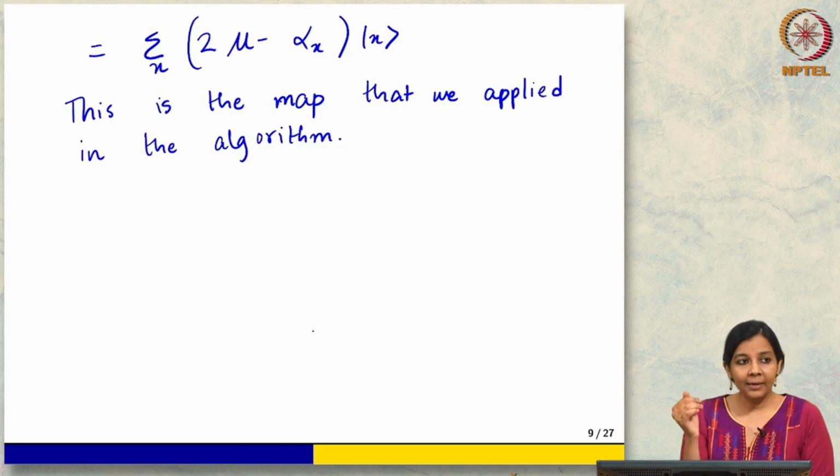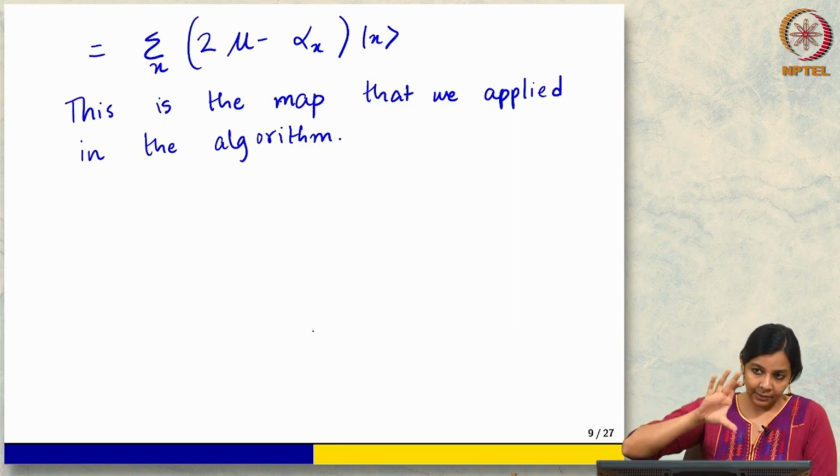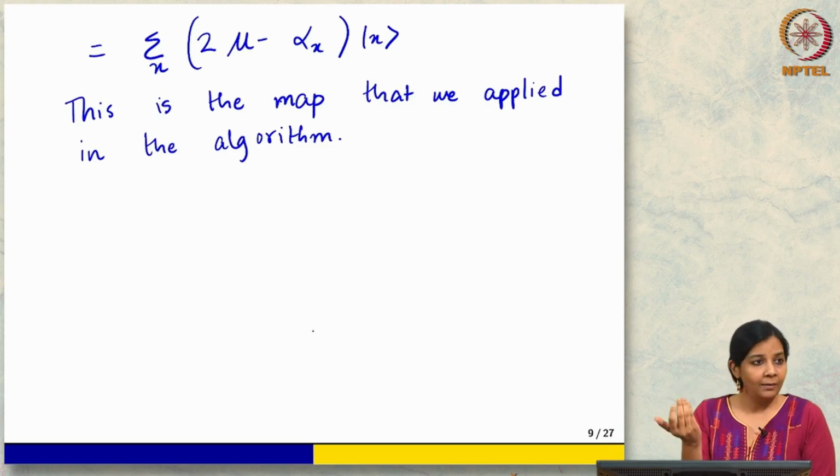Do you see that? Because if my mean is negative, suppose the amplitude on x star is so large and negative that the whole mean became negative, then the amplitude on x star will now start decreasing, isn't it? So then I'm not making any progress at all.